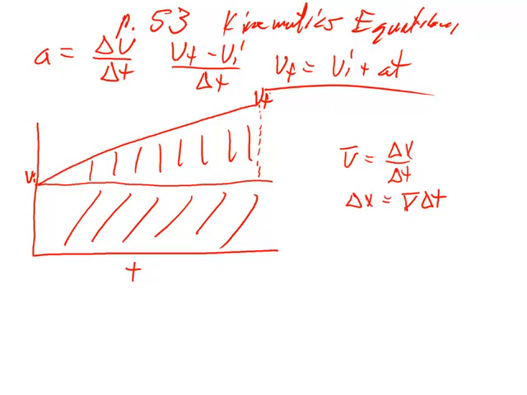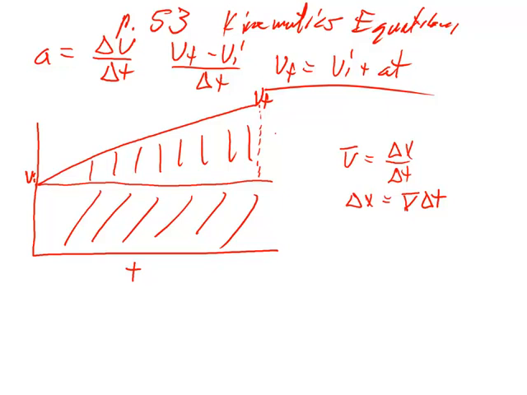That's delta x. So, how do we find that? Well, we know that the area of a right triangle is what? The area of a right triangle is 1/2 the base times the height, right? 1/2 the base times the height. Correct?